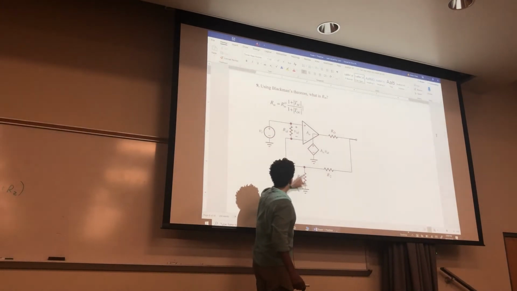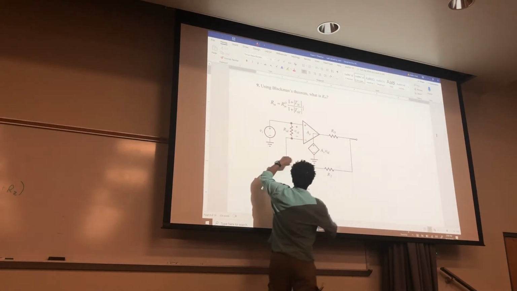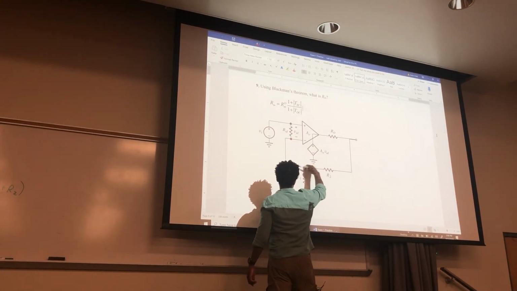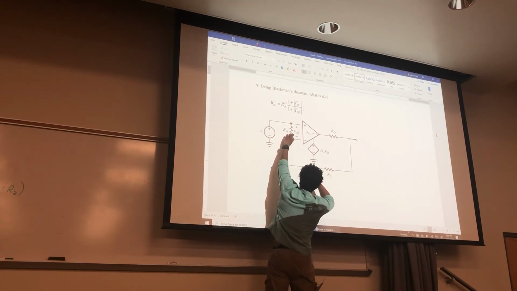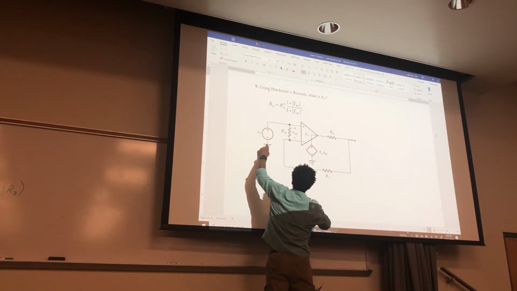this resistor in parallel with this resistor. Because if you're at any location along here, you could pick any path, but both of these paths go to ground, right?